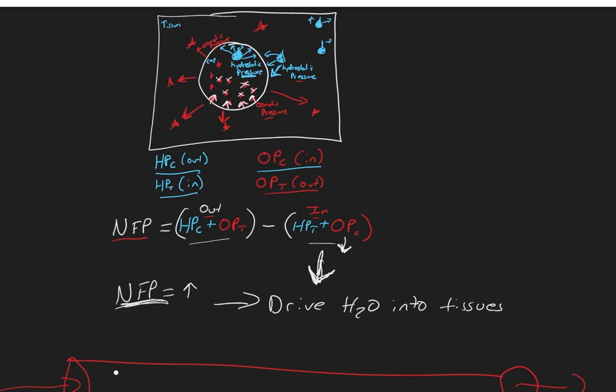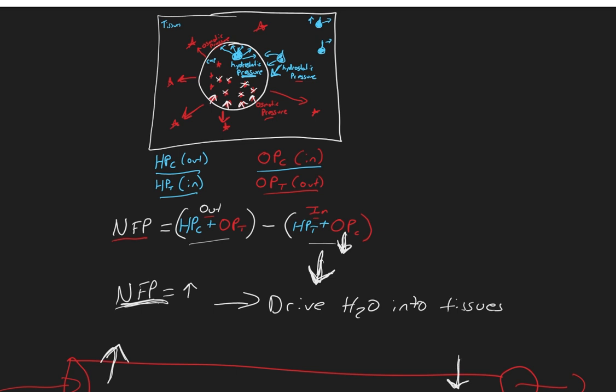We know that at the arterial end, fluid is pushed out, and at the venous end, it's pulled back in. And so this osmotic pressure of the capillary will impact both the arterial end and the venous end.